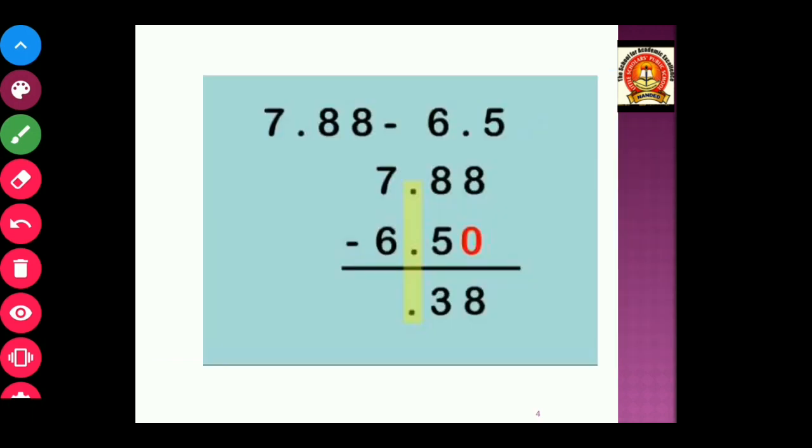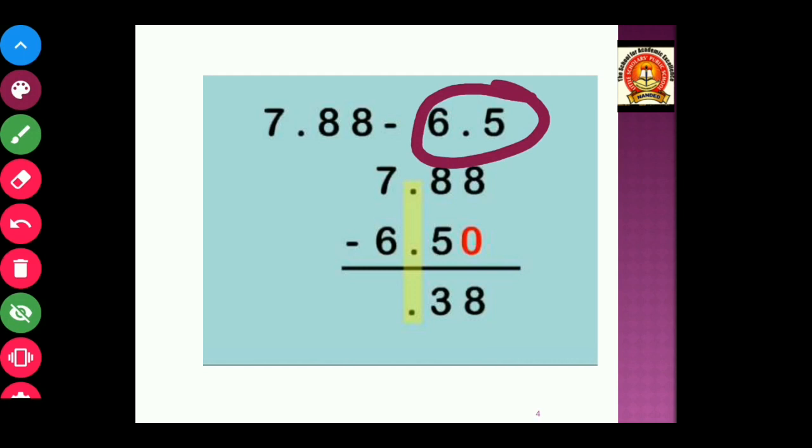Likewise, children, you can subtract also. Whatever the rules are for addition, the same will be followed for subtraction. You need to subtract 6.5 from 7.88.